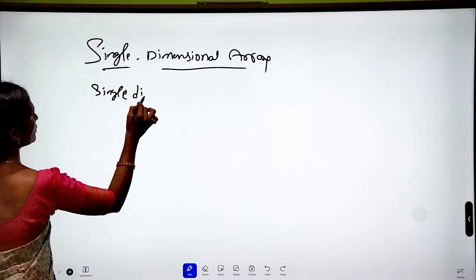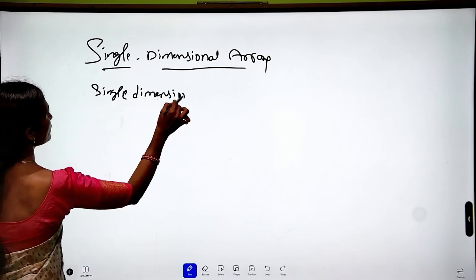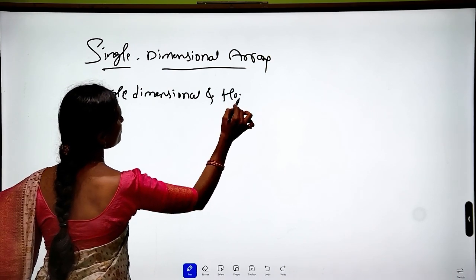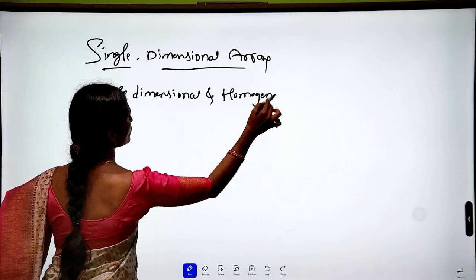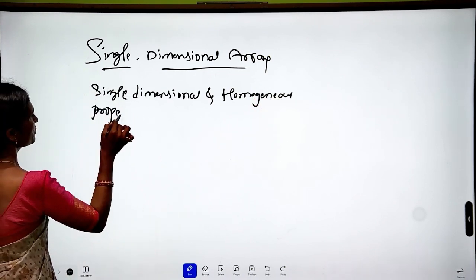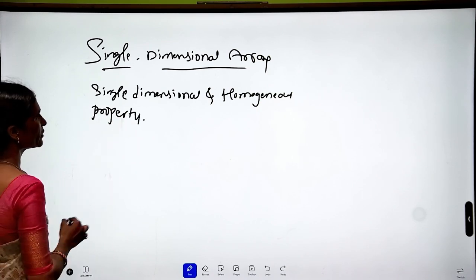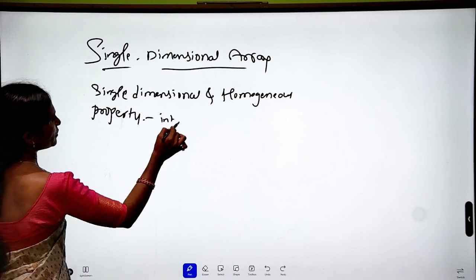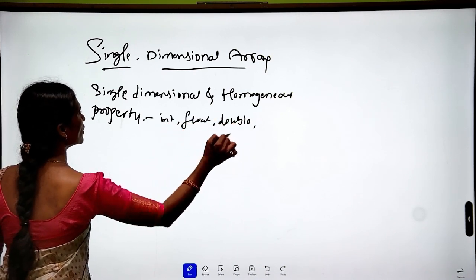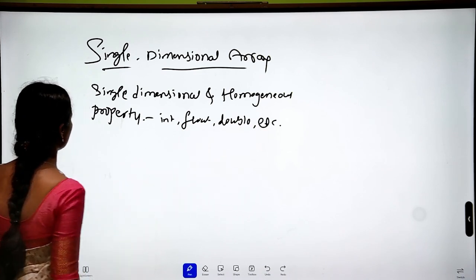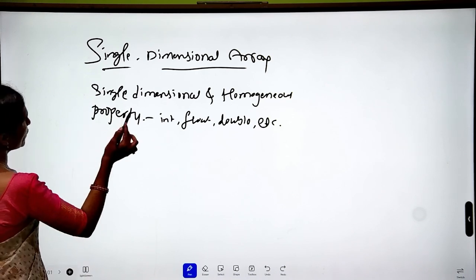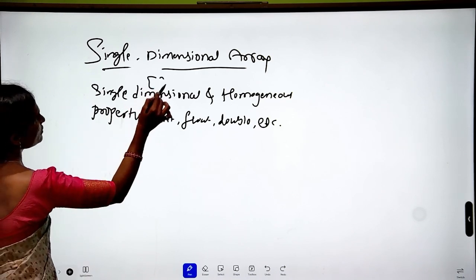Single dimensional and homogeneous property. All are with the same behavior. What is that same behavior? It may be integer, float, double or char. So all the data of the same type is called an array. Here it is one dimensional because it has a single subscript.